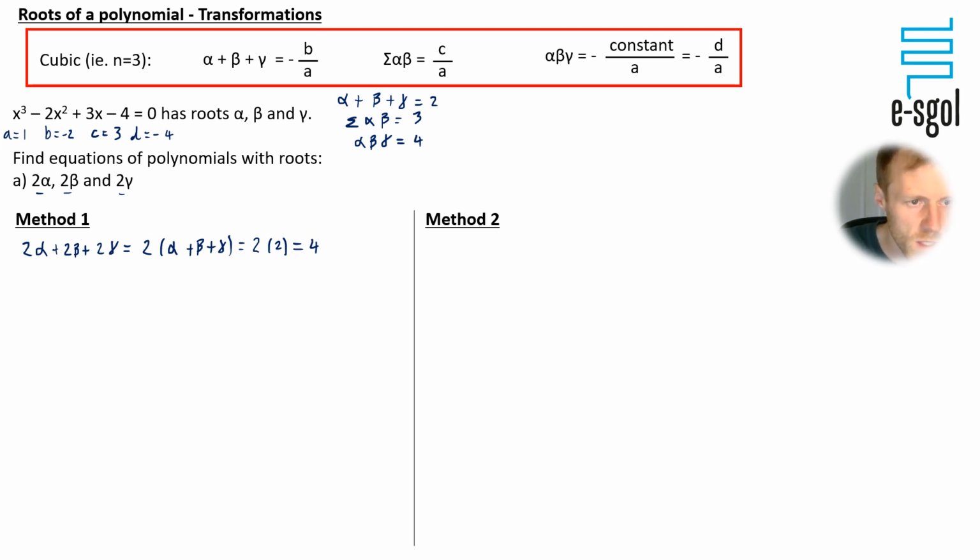We'll do the same for the sum of alpha beta parts, but this time it's 2 alpha times 2 beta, add 2 alpha times 2 gamma, add 2 beta times 2 gamma.